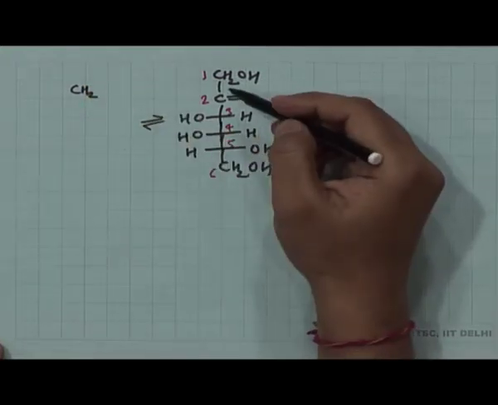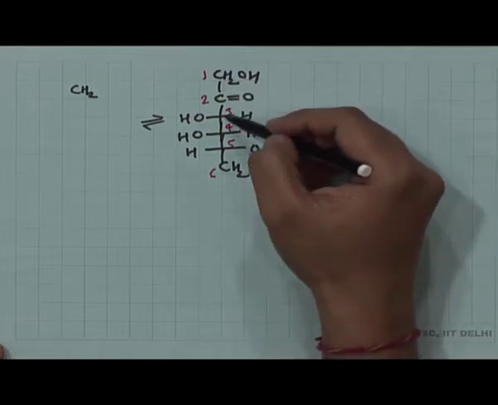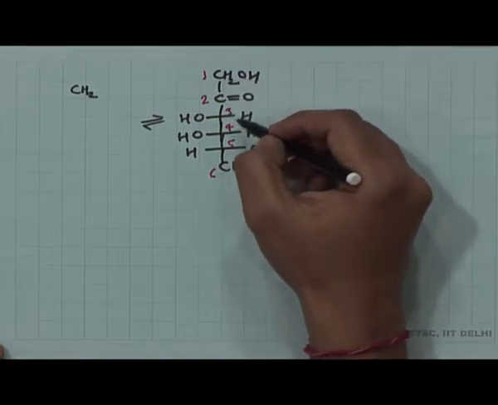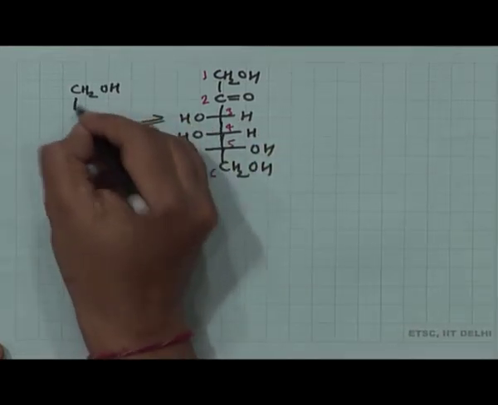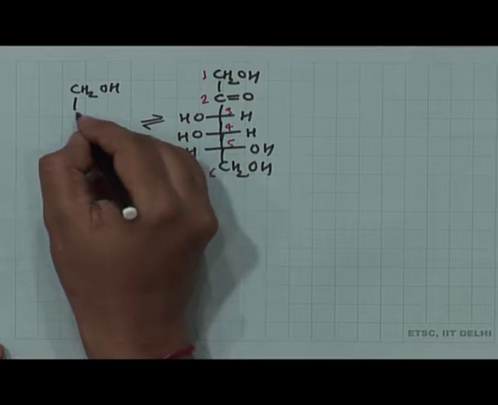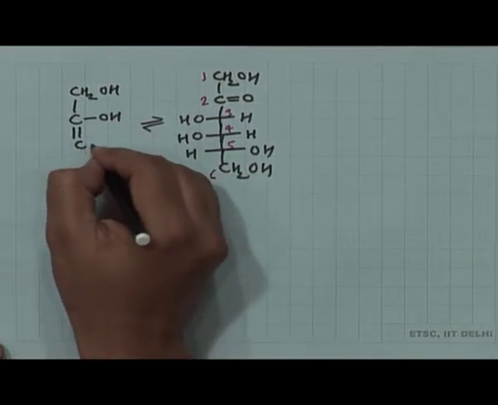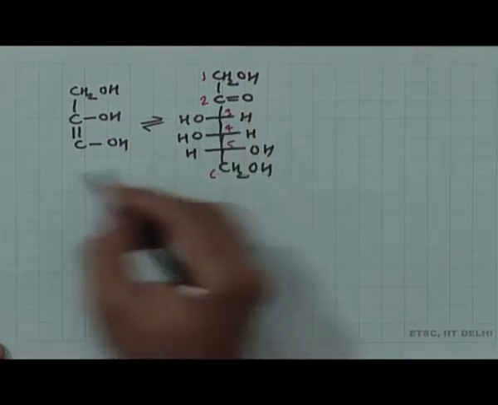Now, it has two alpha positions. One alpha position is carbon number 1 and the other alpha position is carbon number 3. So, here I am abstracting the carbon number 3 proton and converting into enediol. Now, this asymmetric center has been degenerated.